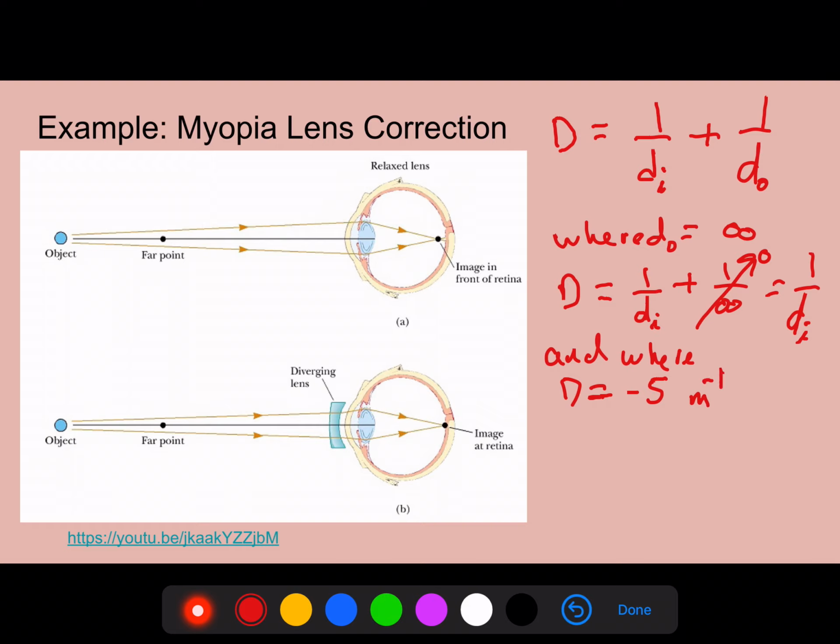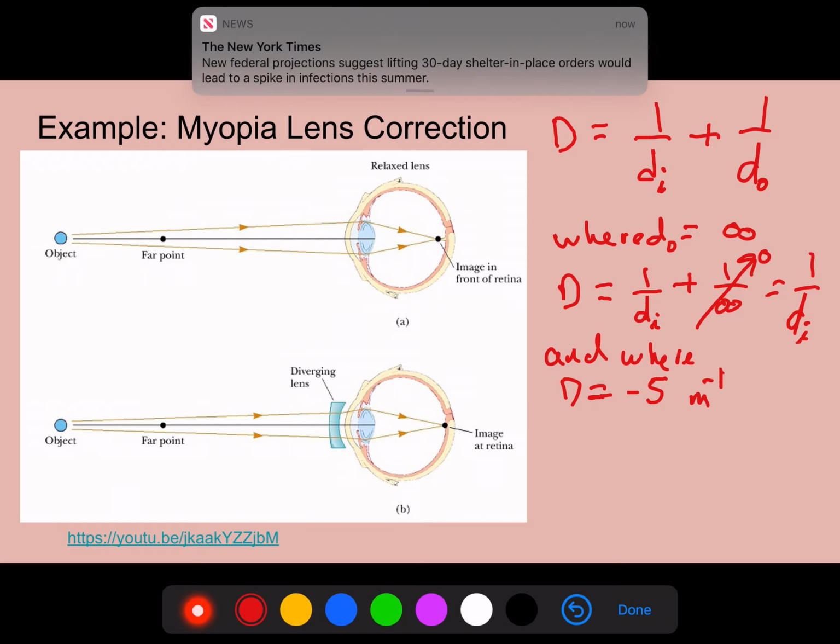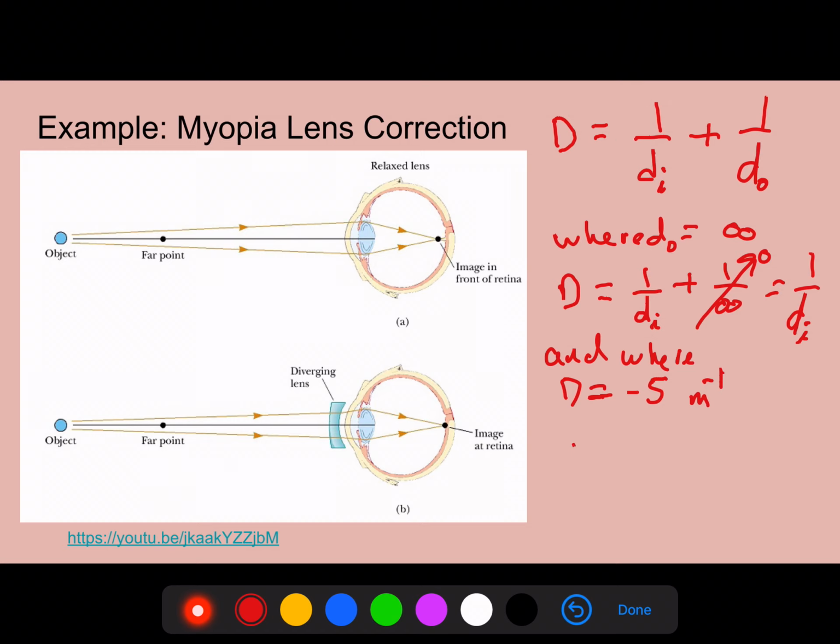Okay, so if I want to see how close I need the object to be in order to be able to see it, this is where an image will be able to form clearly for me without my glasses. Then I can take 1 over this, and I will see that the image distance that I can see is 0.2 meters, which is approximately 7.9 inches.